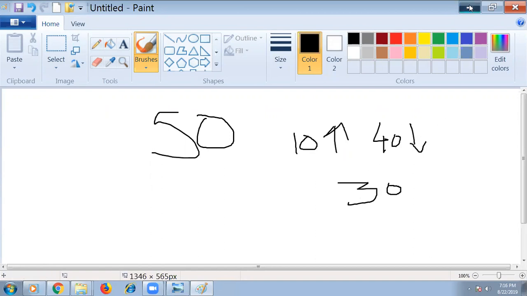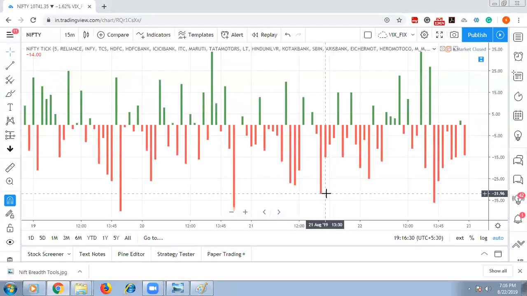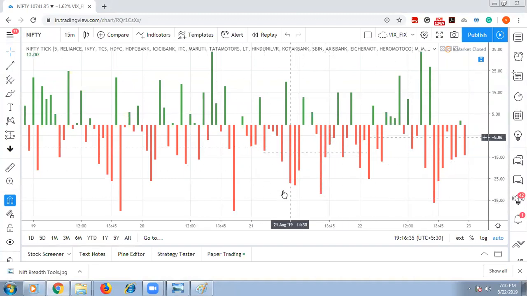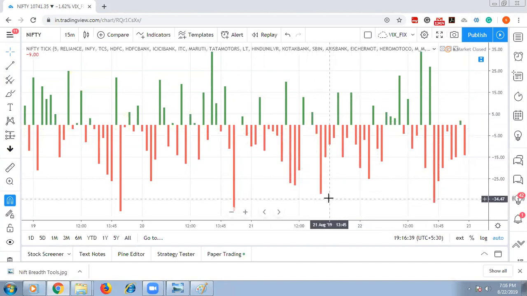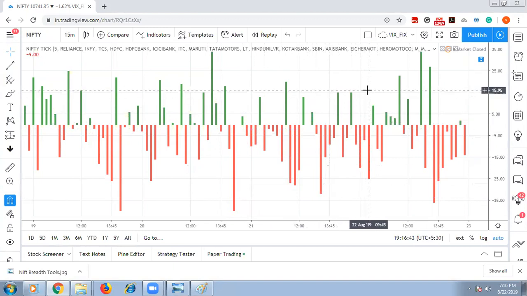Now this talks about the difference of stocks that are moving down. The most important thing this indicator shows is the difference between the up-moving and down-moving stocks.